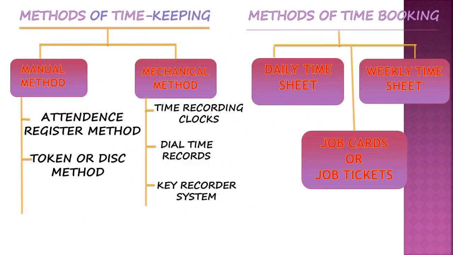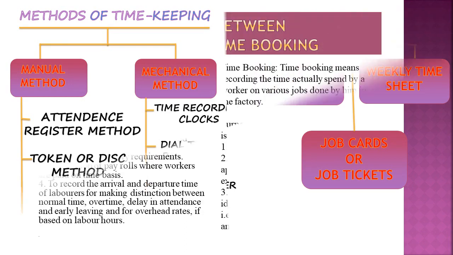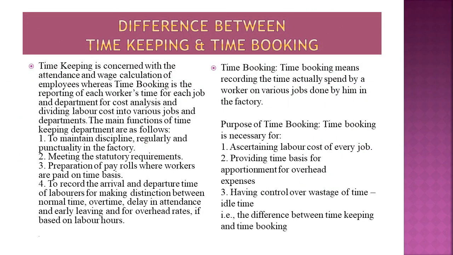Here are certain methods of timekeeping and time booking. There is the manual method, the attendance register, as a teacher keeps a register marking you present or absent. Another is the token method. A metal disc is given, and a box is kept, and when the worker enters, he puts his disc in that box.